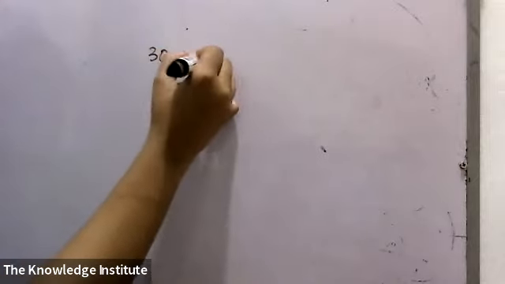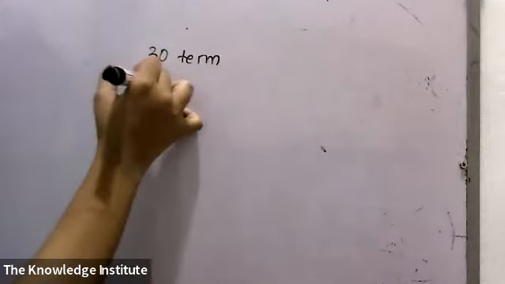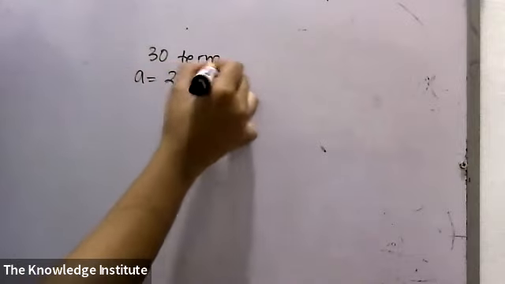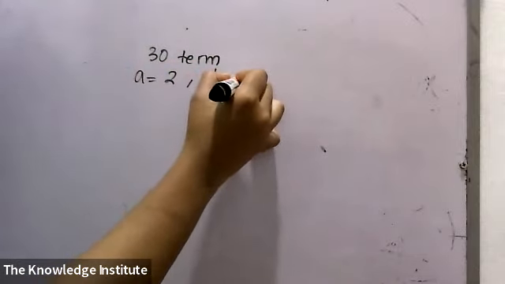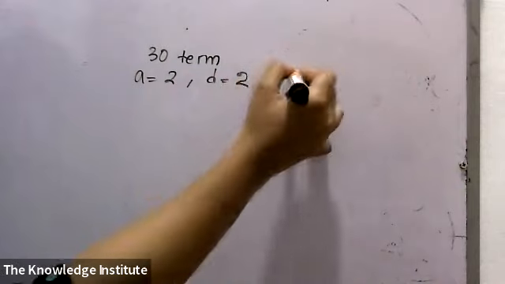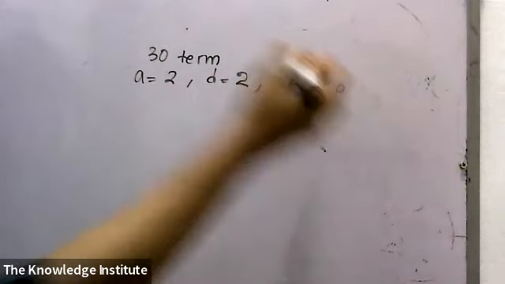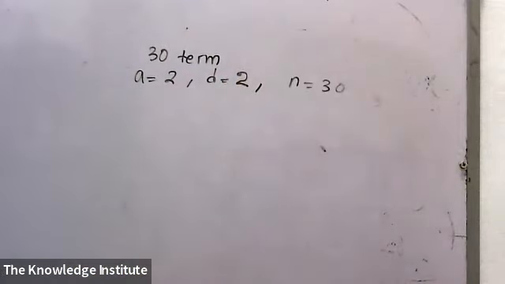They are telling you A is equal to 2. Common difference is equal to 2. Now n you know, right? 30 terms means it will be 30. Tell me what equation can I use? I taught you two equations with respect to the sum of n number of terms.